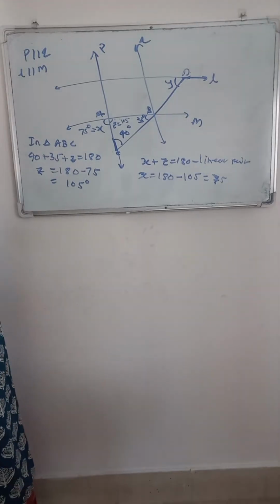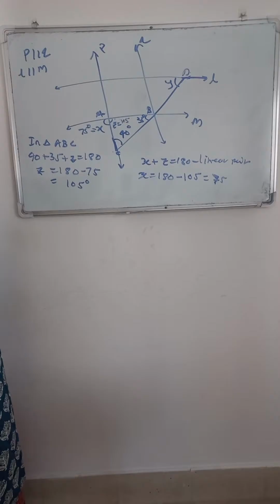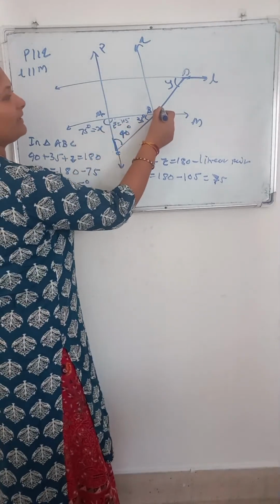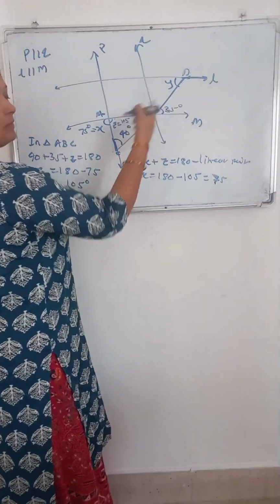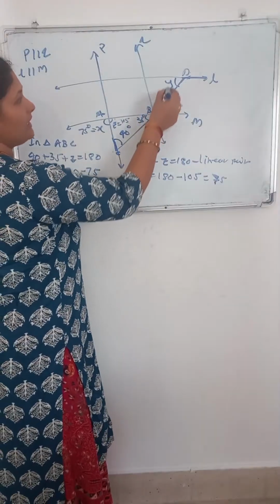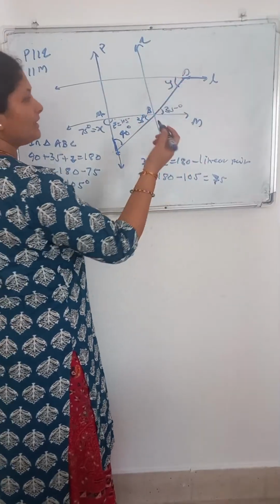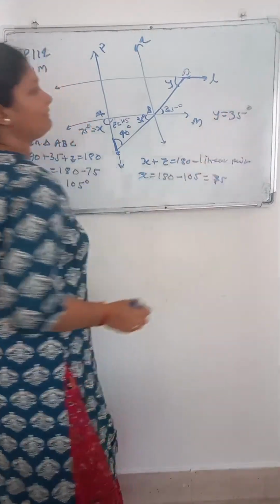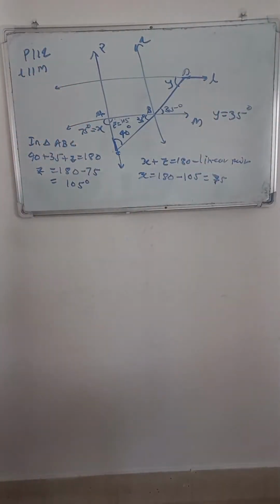See, this is 35, then this is also 35, vertically opposite angles. This angle and y are alternate interior angles, so y is also 35. So we get x as 75 and y as 35.